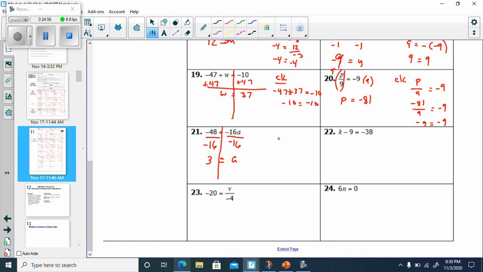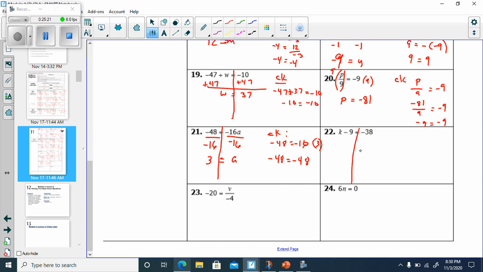Let's check ourselves. To check, you'd say negative 48 is equal to negative 16 times A. In this case, your A was what? 3. Negative 48 is equal to negative 48. That's true. So your solution is 3.